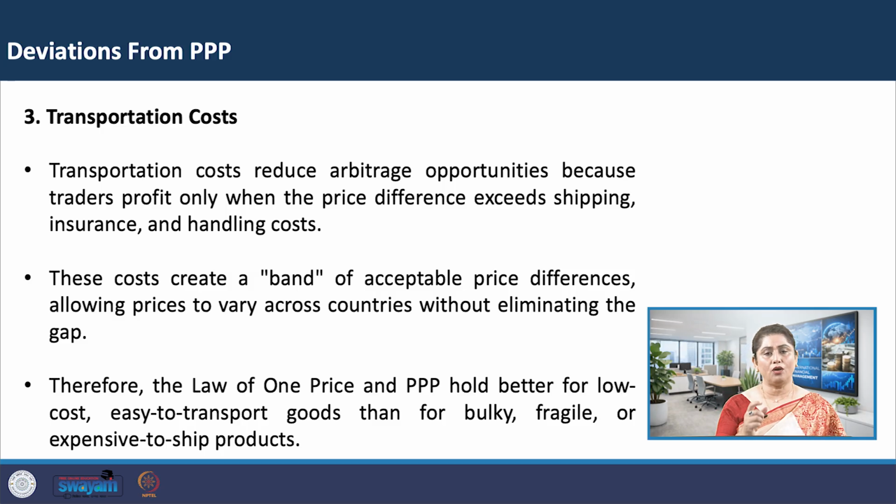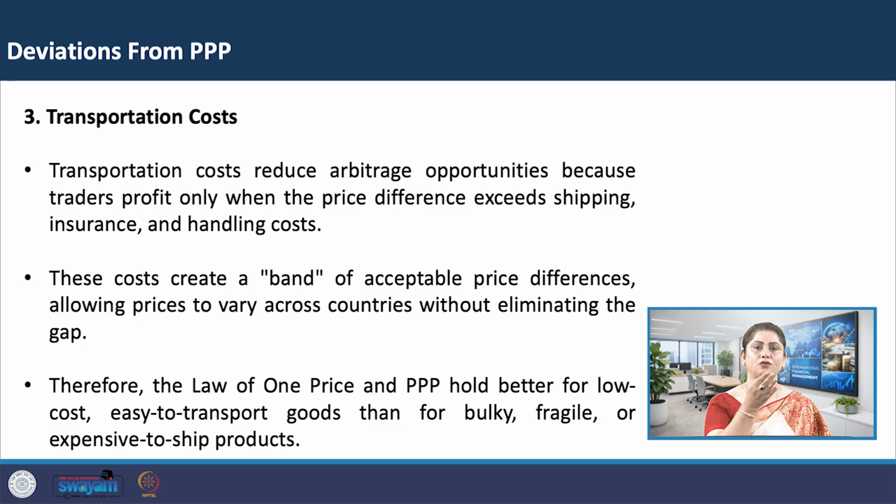Because of this, the law of one price and purchasing power parity work better for goods that are cheap and easy to transport and less well for goods that are bulky, fragile, or expensive to ship. For example, suppose a product costs $500 in the US and the equivalent amount in India, if we equate it to dollars, becomes $540.